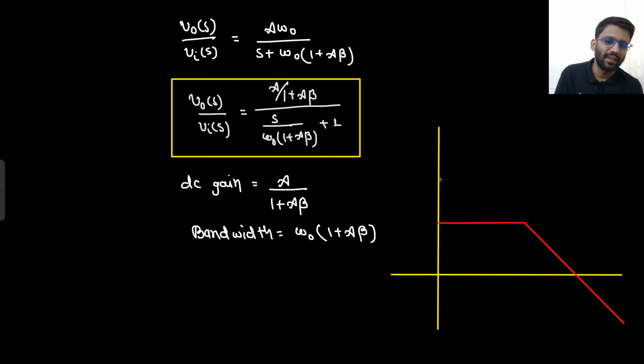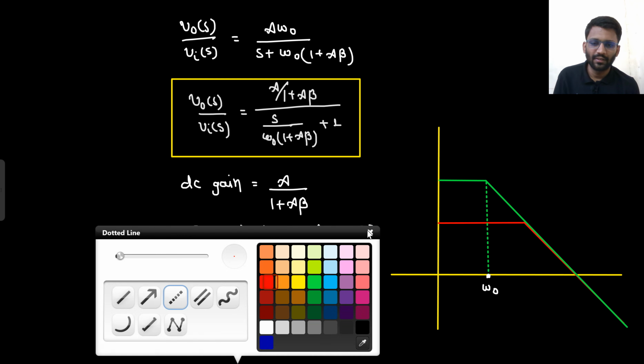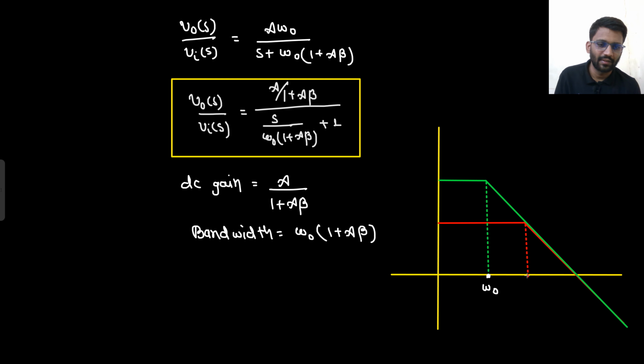Previously the gain was this A, but the bandwidth was low. Basically, previously this was the bandwidth. Now this is the bandwidth. So your bandwidth has increased.